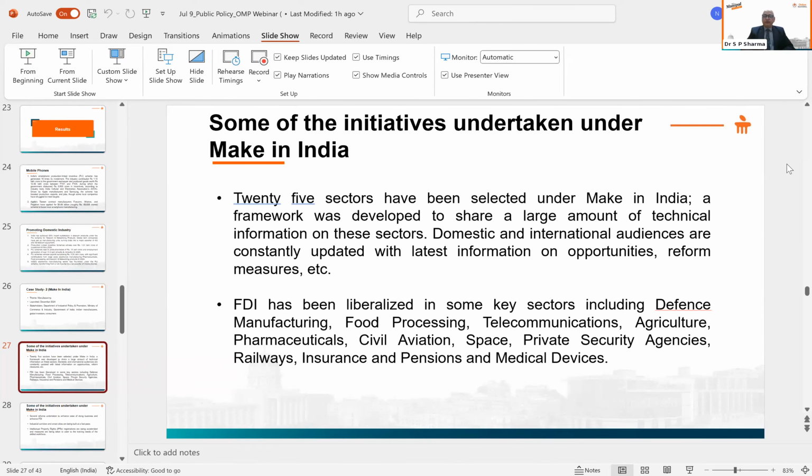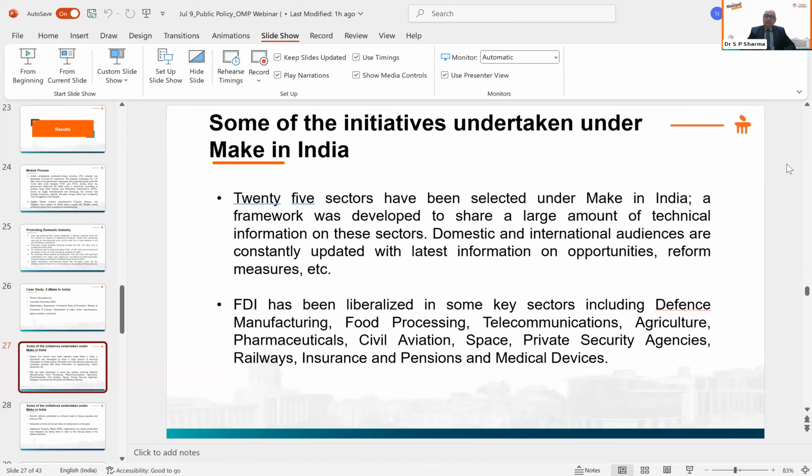We have to support our manufacturing. We have great manufacturing sectors like defense manufacturing, food processing, telecommunications, pharmaceuticals, and civil aviation. We are manufacturing goods in each and every segment of the economy. We are becoming robust in defense manufacturing also.